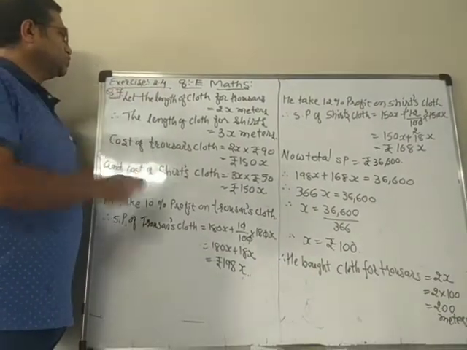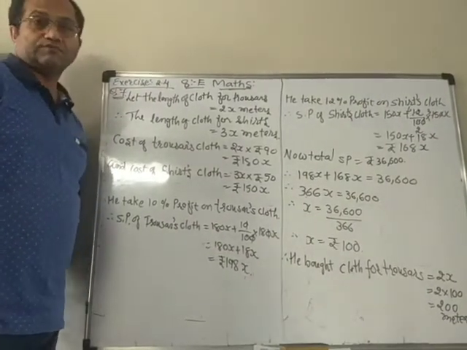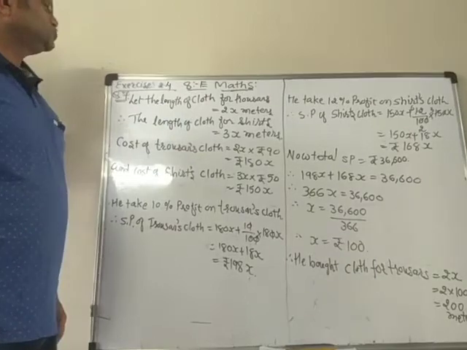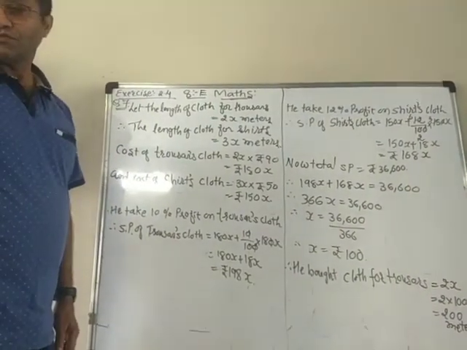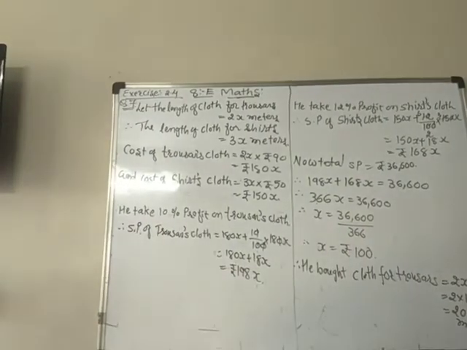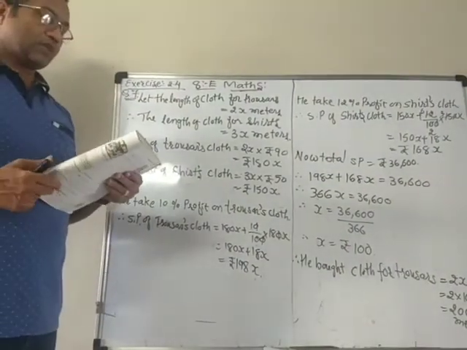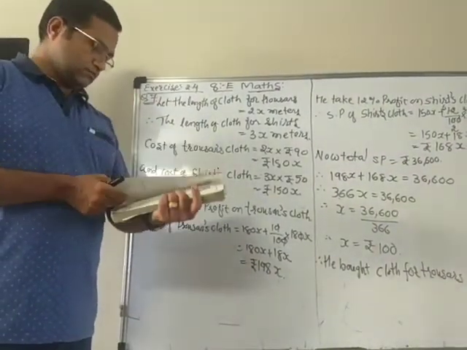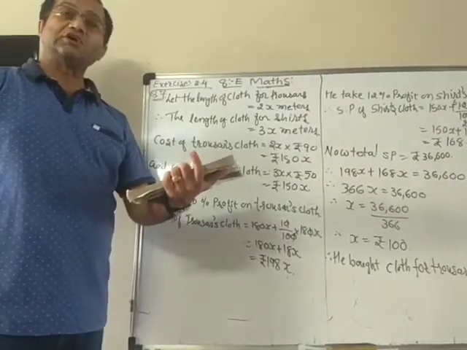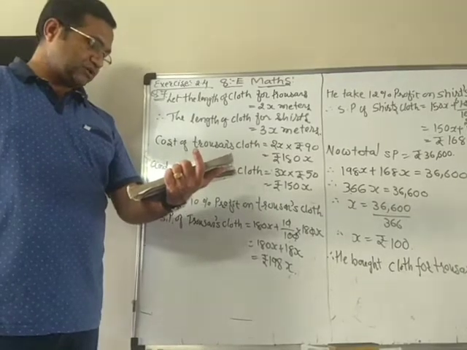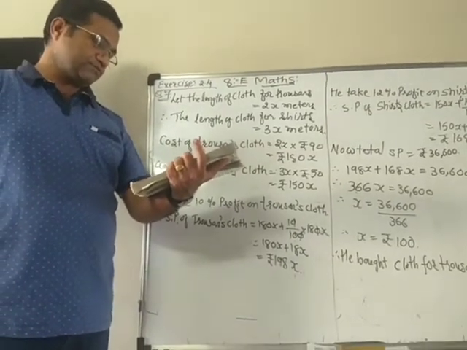Today we are going to do question 7 of exercise 2.4, in which it says that Hassan bought two kinds of cloth materials for school uniforms, shirt and trousers.